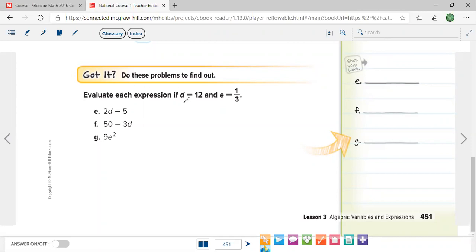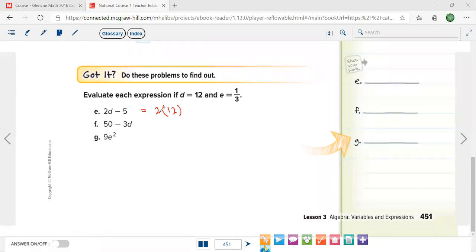Evaluate each expression if D is 12 and E is a third. So let's solve E here beside. 2D means 2 multiplied by 12. You can use the multiplication sign, or, as professionals, you are going to use this next year, you can put a small bracket and put the value of D, which is 12.